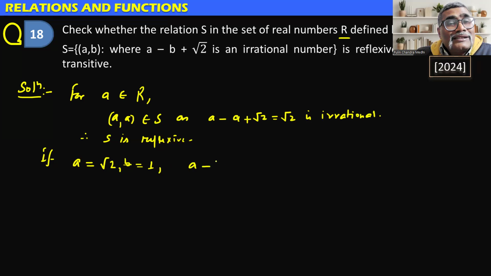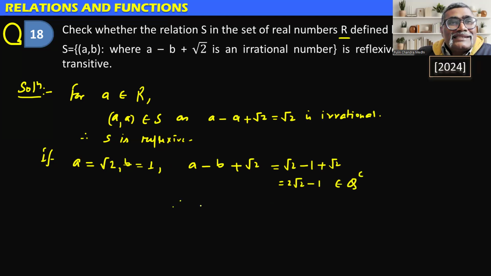This value will be what? A minus B plus root 2 will be root 2 minus 1 plus root 2. That means 2 root 2 minus 1. And it is irrational.